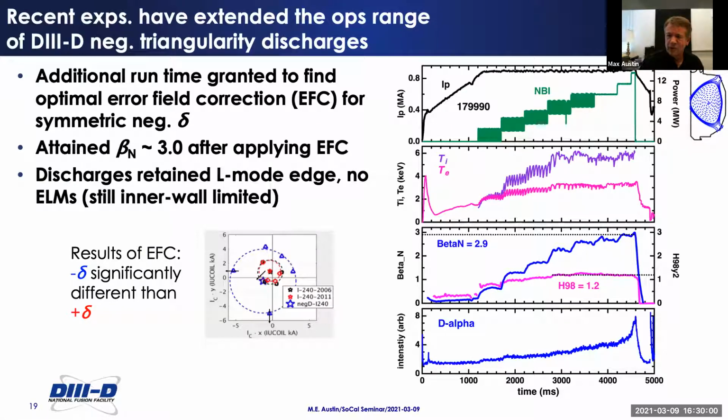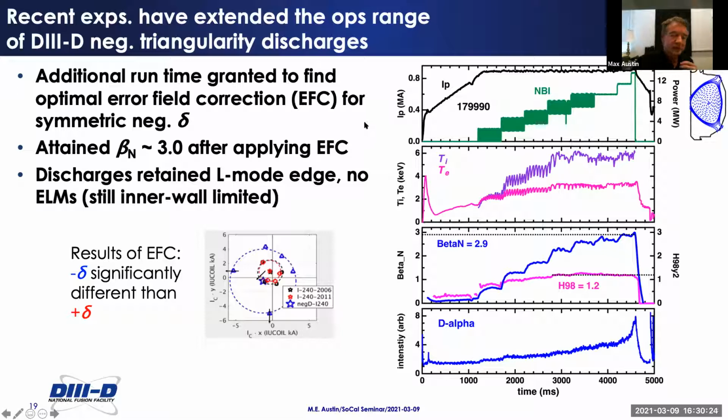So finally, a more recent result: in 2019, we finally got some time. Most D3D discharges invoke error field correction to correct for inaccuracies in the shaping coils and so forth that can limit performance.